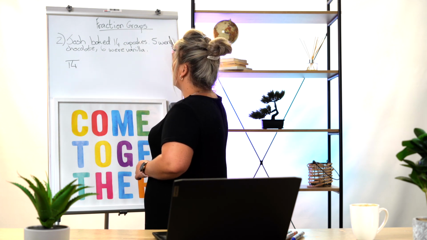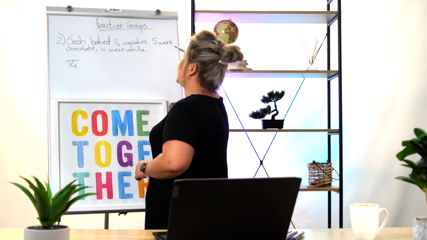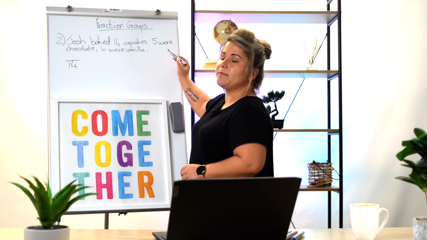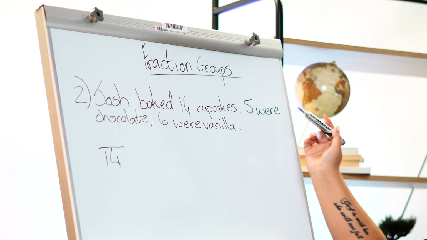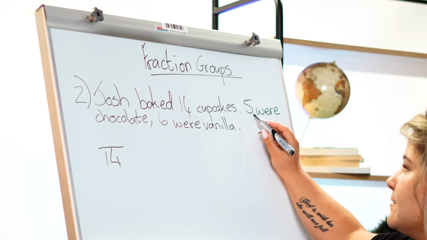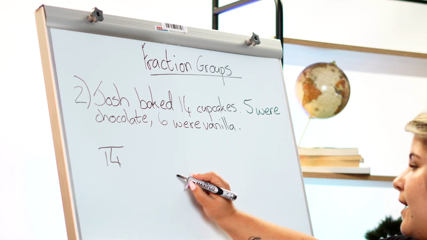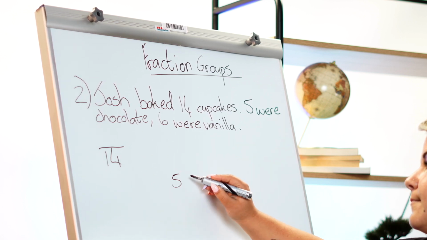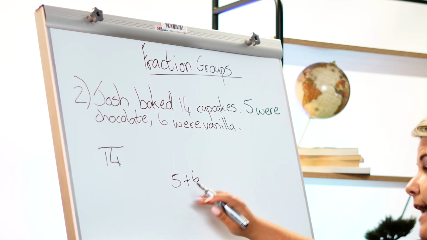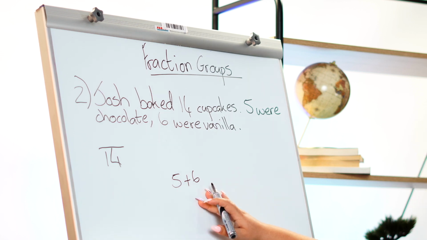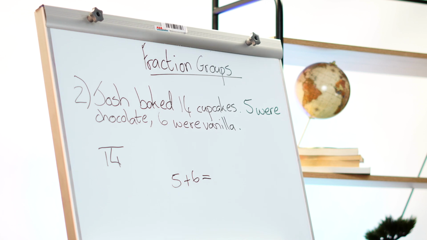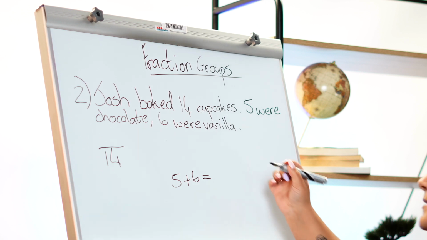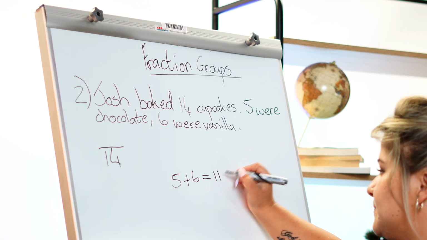We've then looked at the rest of the question where it's given us some information saying 5 of them are chocolates and 6 of them are vanilla. So we're going to take 5 and our 6 and add these 2 flavors together. This would then give us an answer of, well done, 11.